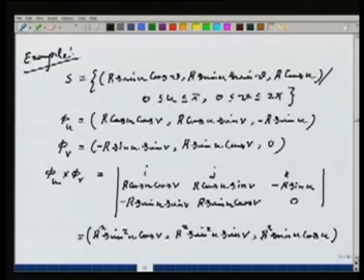Now I have to calculate the norm of this vector, that is the sum of the squares of this, and then I have to take the square root. So norm of phi u cross phi v, what do I get?